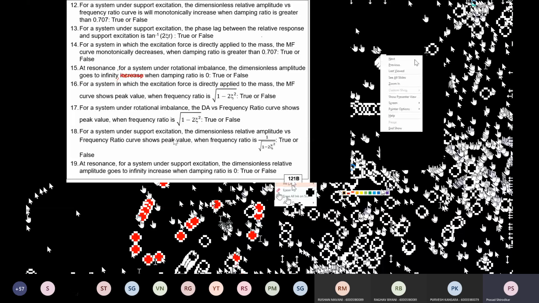You can just refresh it. Alright, so at resonance, when damping ratio is 0, it should go to infinity. Any other questions, please go ahead and ask. I apologize for the error.